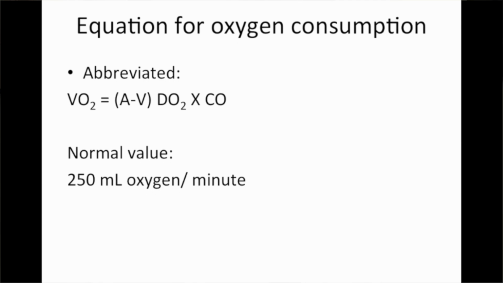And again, this is the answer to the question that was asked of me when I was a fellow, and the answer is that the normal oxygen consumption for a normal person at normal temperature and at normal barometric pressure is 250 milliliters of oxygen per minute. And that's how low they can turn the flows down on the oxygen component of the anesthesia machine.